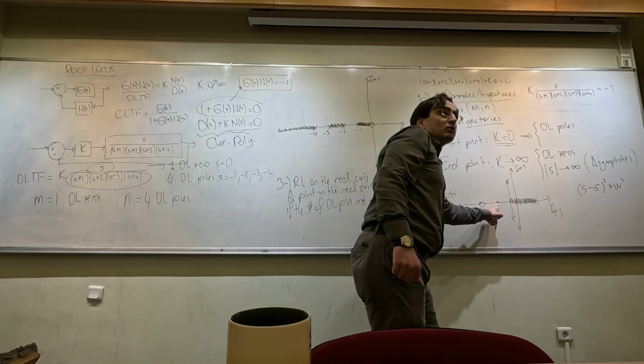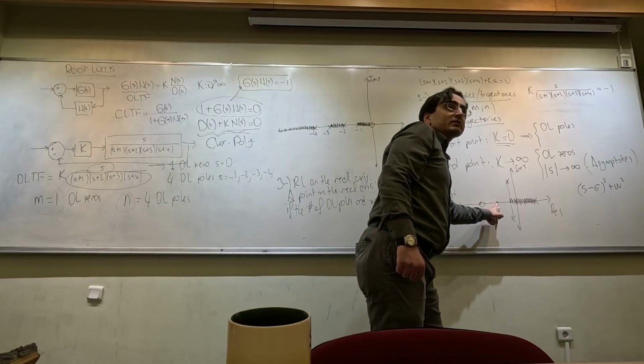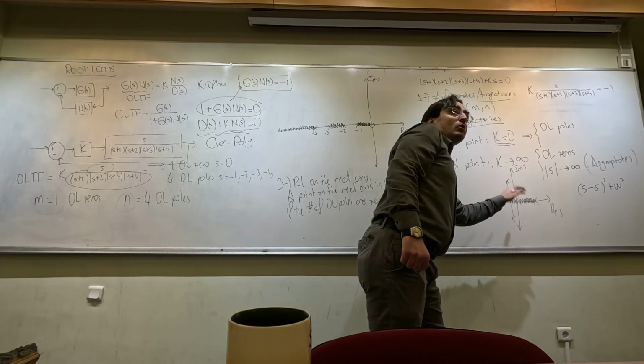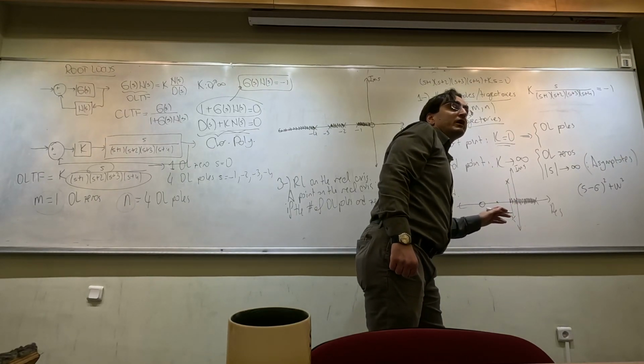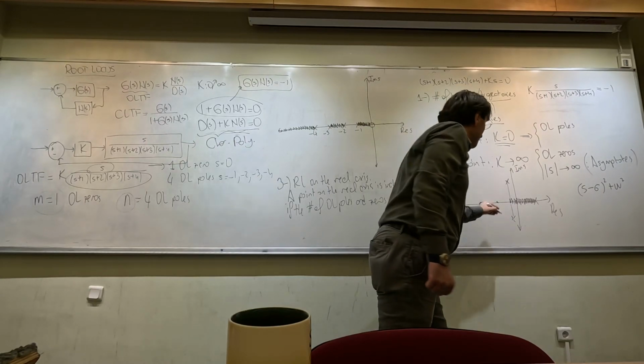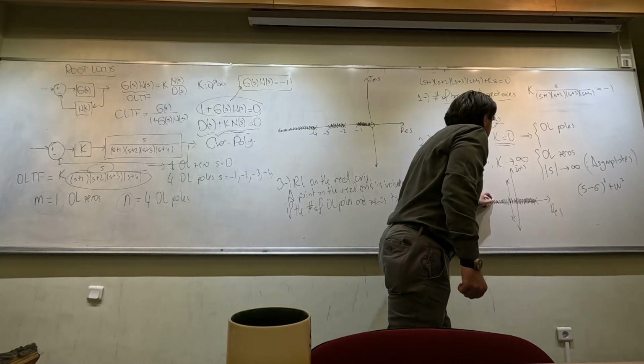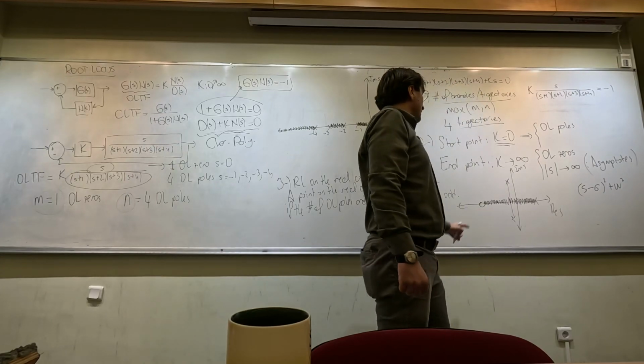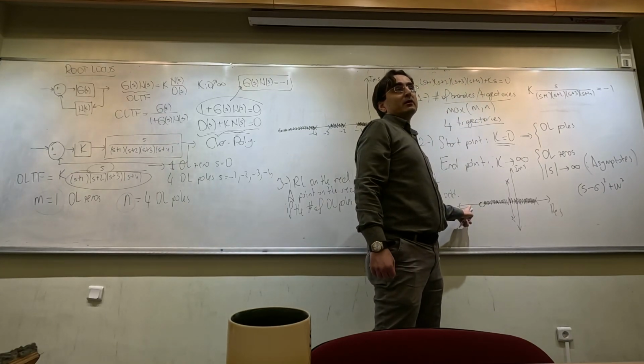So do you think this part of the real axis is included or not in the root locus? What is the total number of open loop poles and zeros to the right? It's 3, it's an odd number, so we're going to be including that part as well. What about this interval in that case?